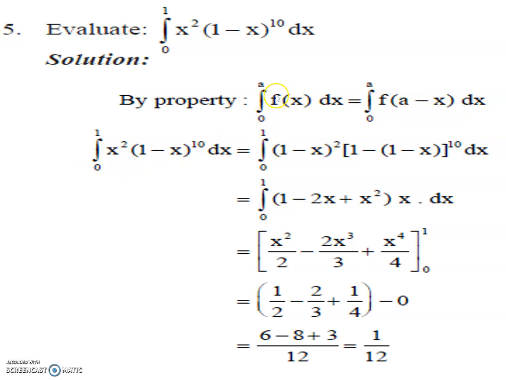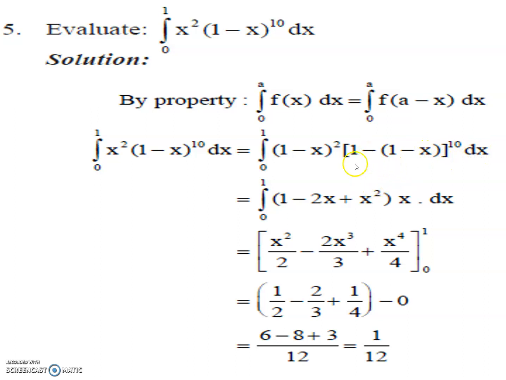What is a here? 1. That's why instead of x we put (1 minus x) squared. So this integral becomes the integral from 0 to 1 of (1 minus x) squared times (1 minus (1 minus x)) raised to 10 dx.